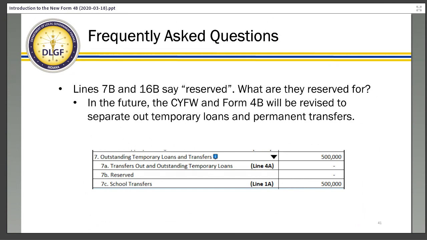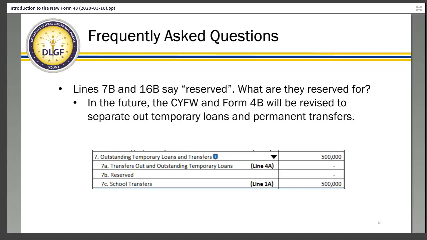On line 7B and line 16B, both were labeled reserved, and we're currently using those as a placeholder. If we take a look at line 7A, and similarly 16A, we could see that there are two distinct things being summed together: the transfers out and the outstanding temporary loans. In this first year, we wanted to envision the complete form. In year 2, what we'll be doing is updating the current year financial worksheet and updating the 4B so that line 7A can be used exclusively for transfers and line 7B can be used exclusively for these outstanding temporary loans.